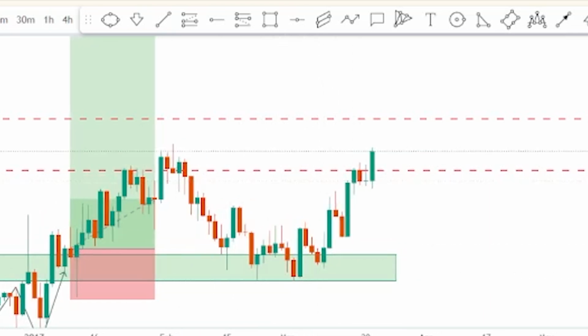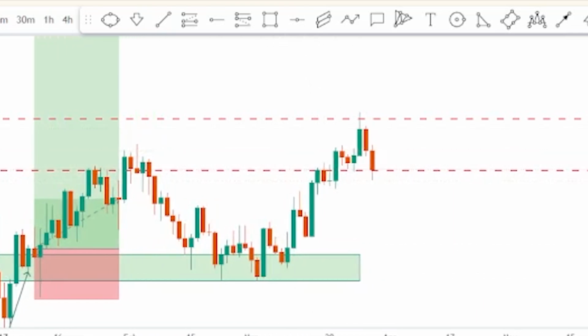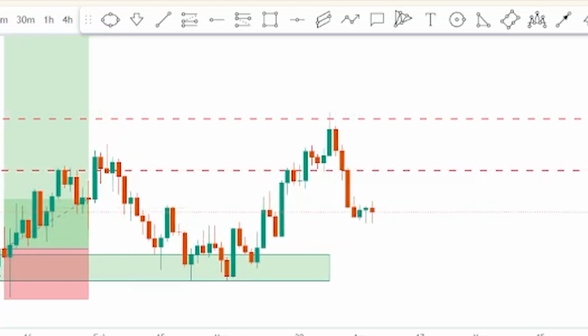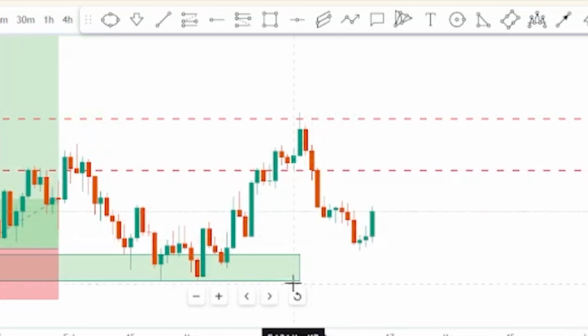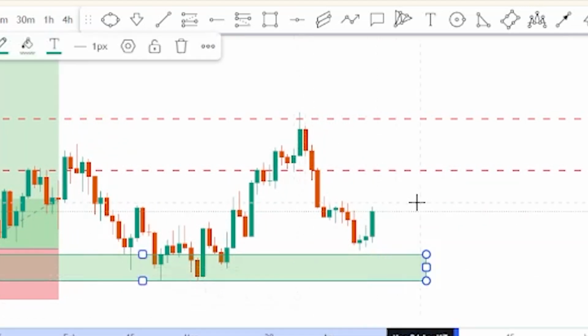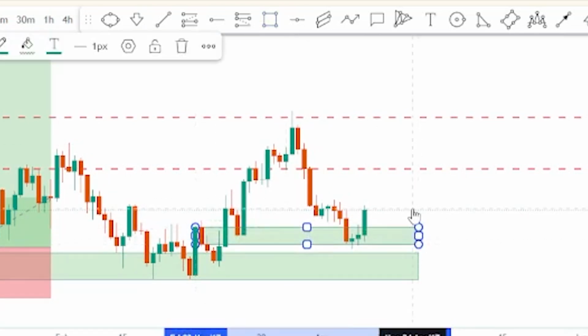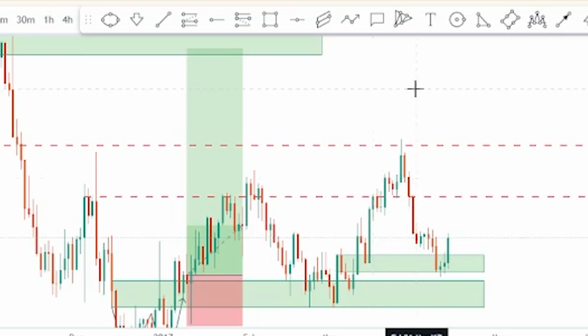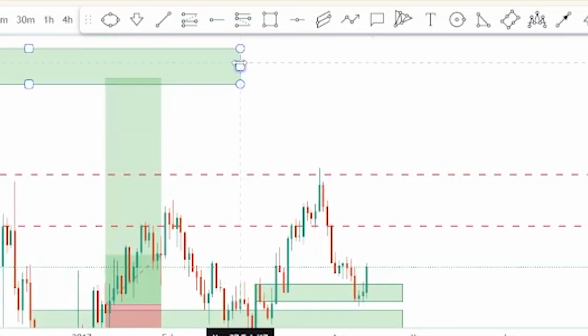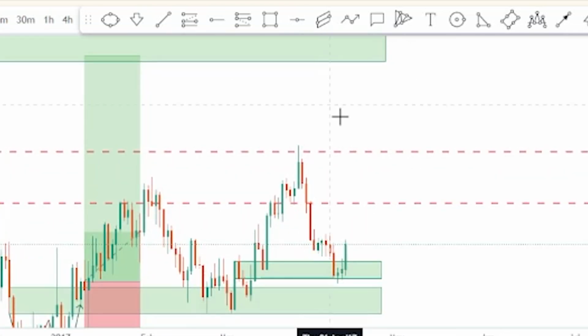Okay, let's continue and see what happened. Okay, broke above this area, we are rejecting from there. We come back to the supply zone. If you want to enter from there, you can enter from here by the confirmation of these candles.